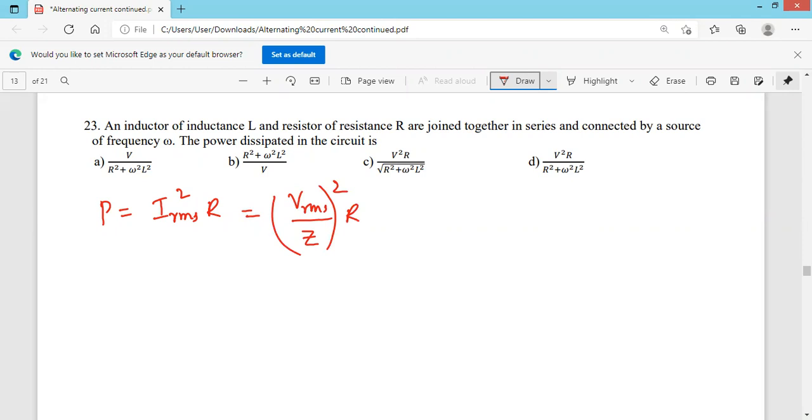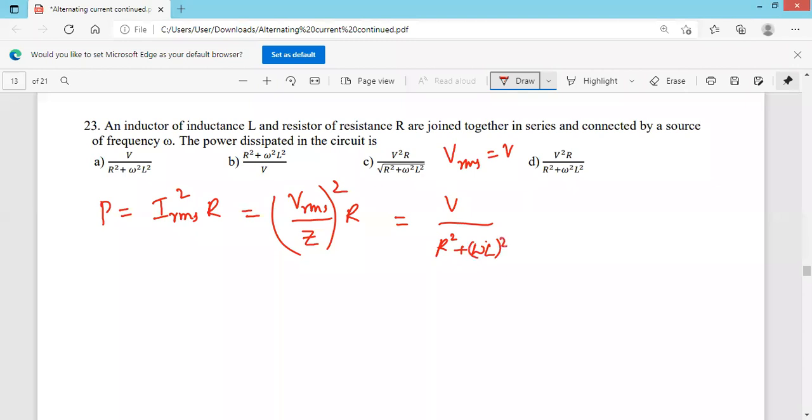So V RMS can be written as V. Divided by Z means what? It's an inductor resistance circuit, hence Z is the square root of R square plus omega L whole square.